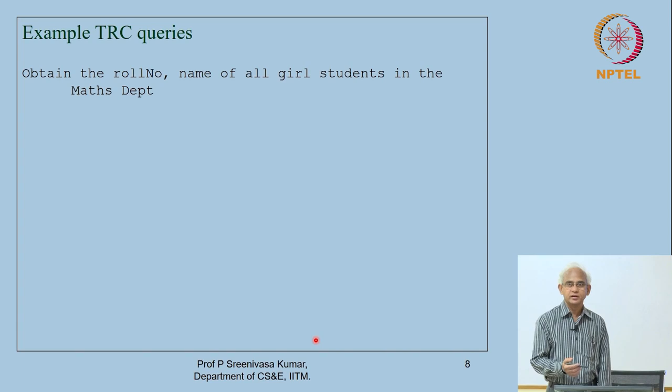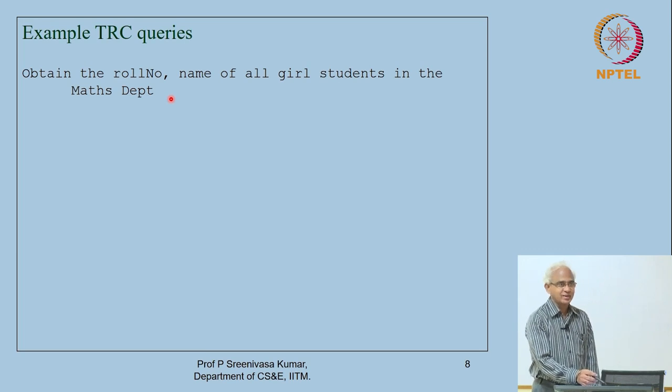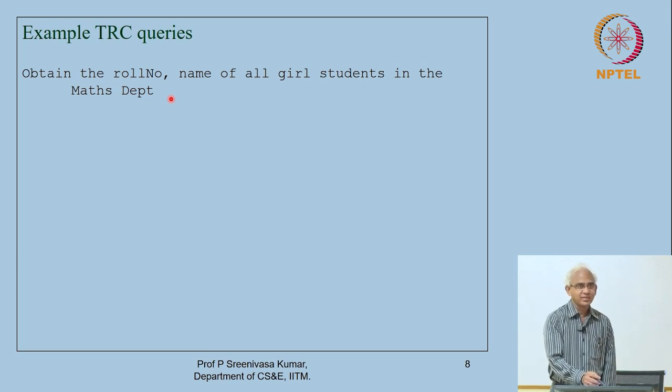We do not know the department number. We actually know it, but we will act as though we do not know the maths department number. We know that it is 2 in the data. So, obtain the roll number and name of all girl students in the maths department.